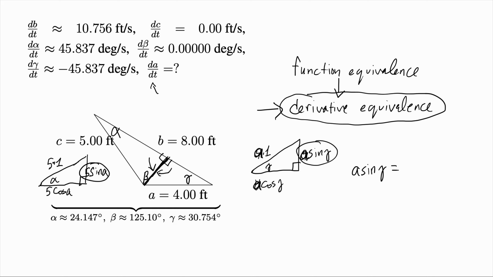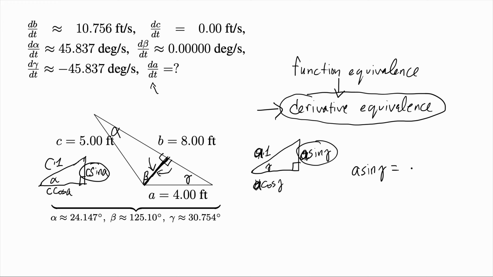Then over here, the same thing. See this 5? We want to think of it not as 5, but as being C. Now, C, we're going to assume to be a constant.